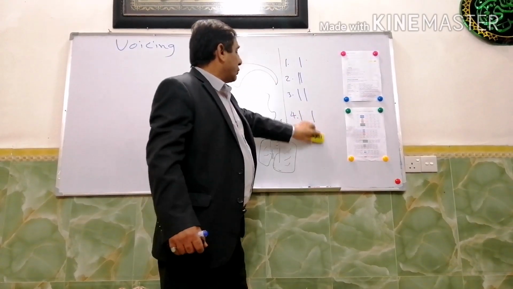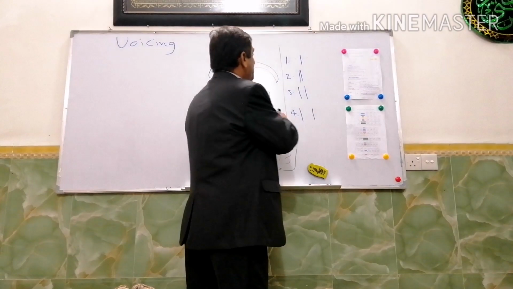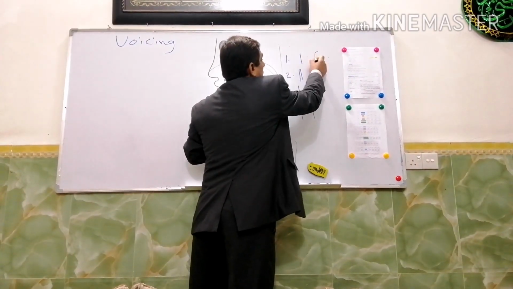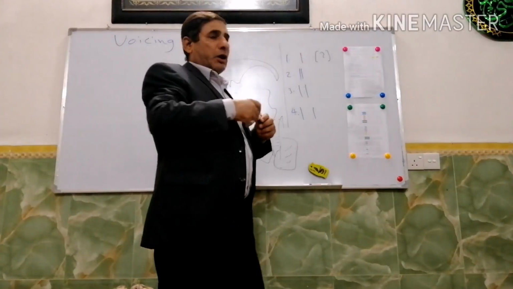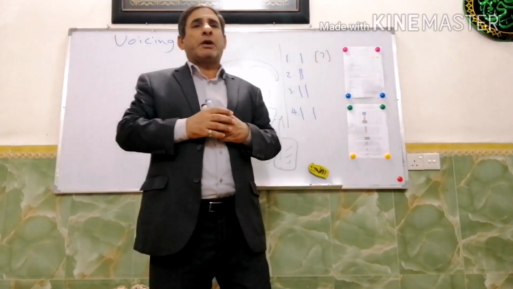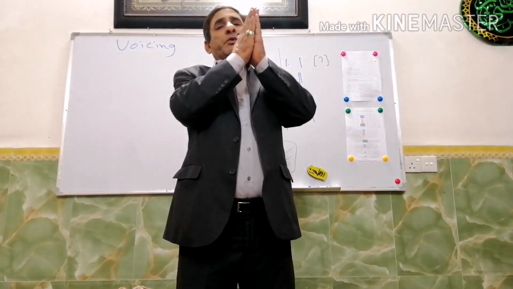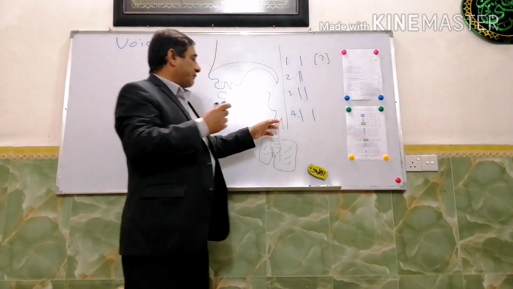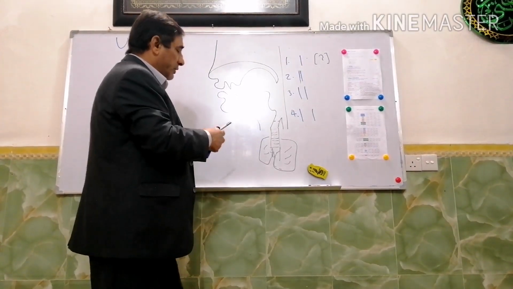Now, as you see here, I'm going to talk about each one. This is the state when we produce the glottal stop. Now what do we have here? Here the vocal folds are in contact with each other. The vocal folds which are found in the larynx.